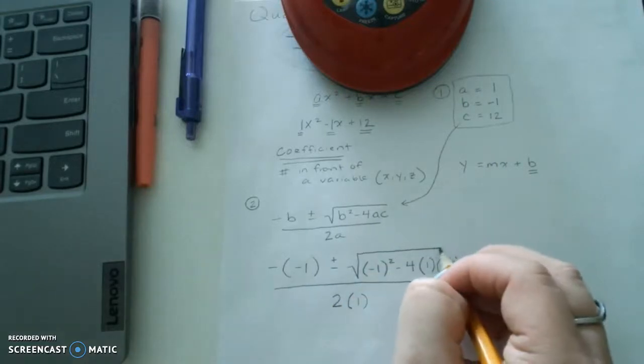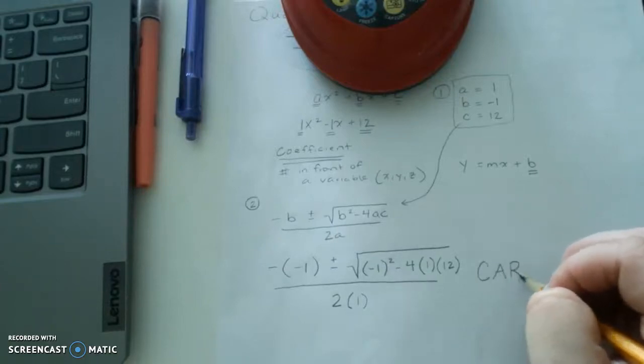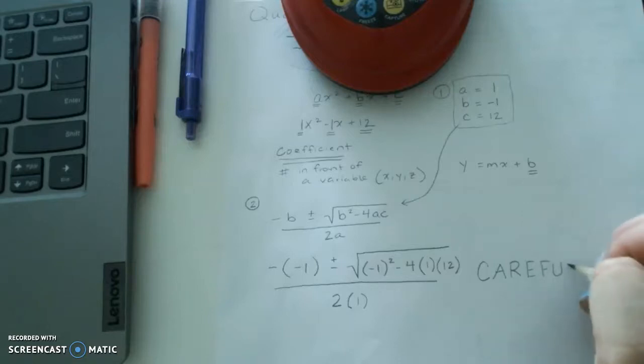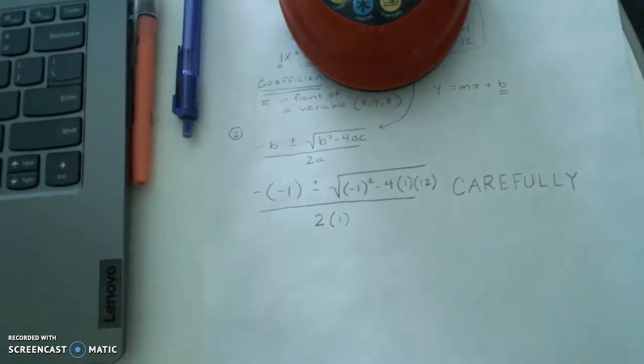So all that is me carefully plugging in my numbers. If you're not careful, you're going to get the wrong answer, and you're going to complain to Miss Beasley, and I'm going to say, well, you got a sign wrong.